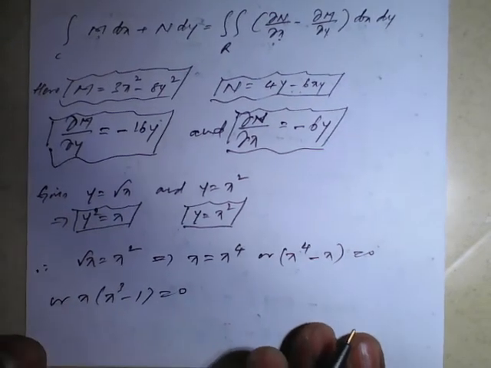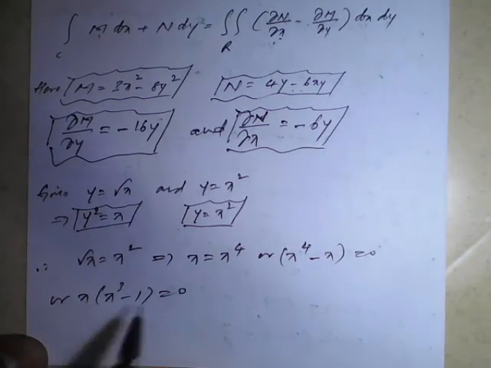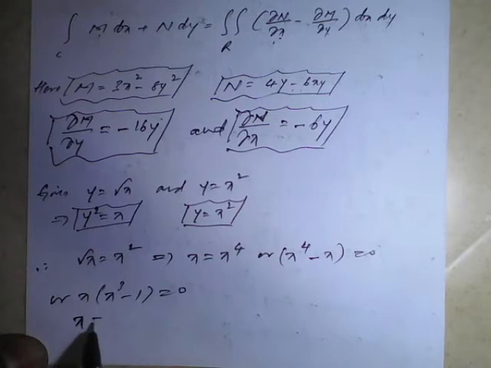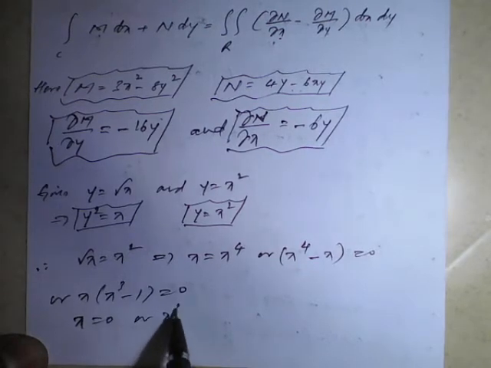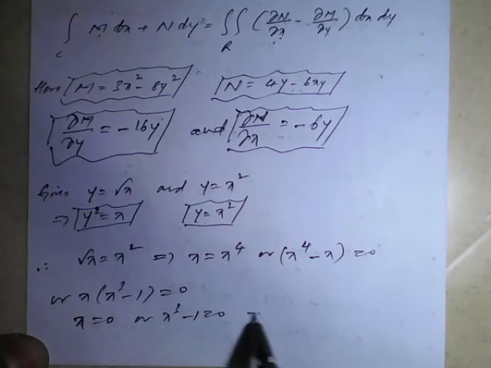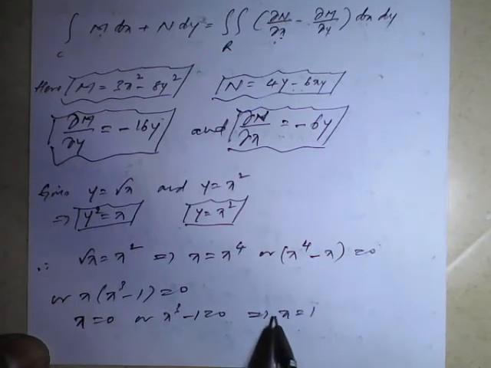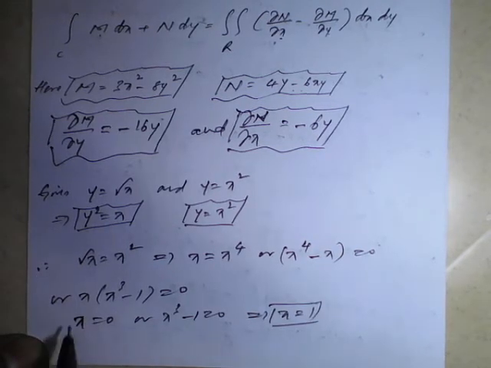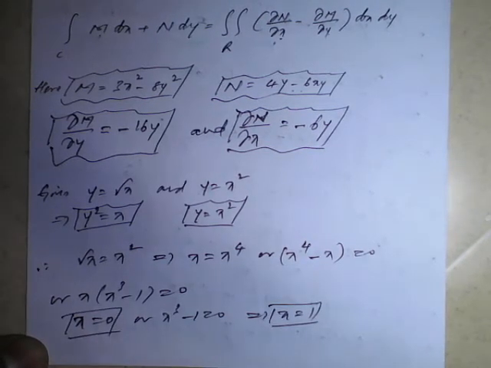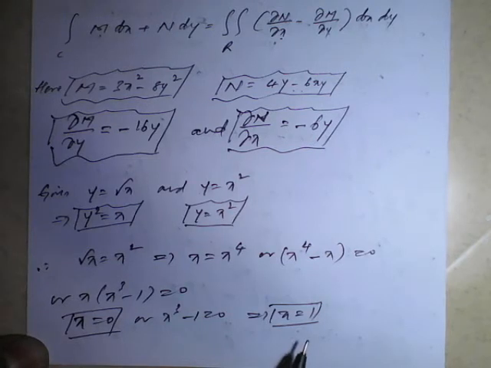Which implies x = 0 or x³ − 1 = 0, which implies x = 1. So we got the two roots here, two values of x.